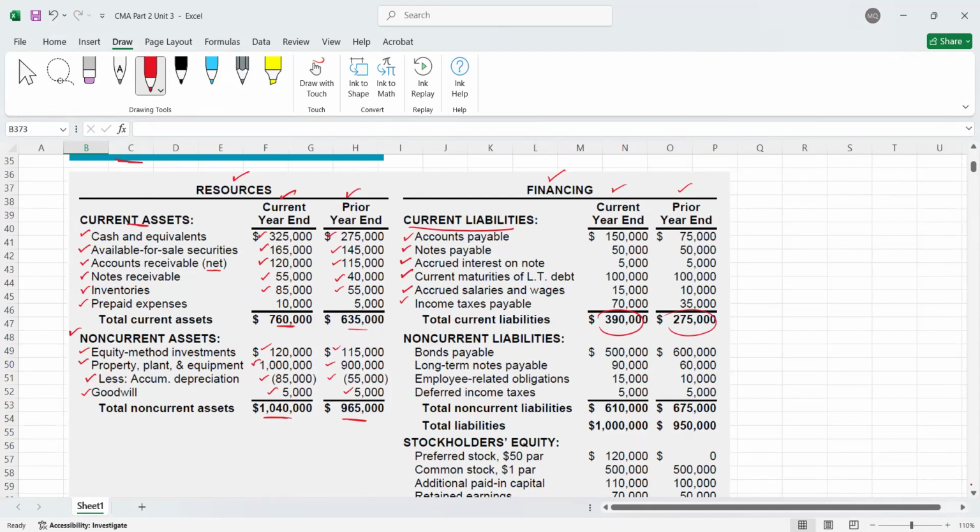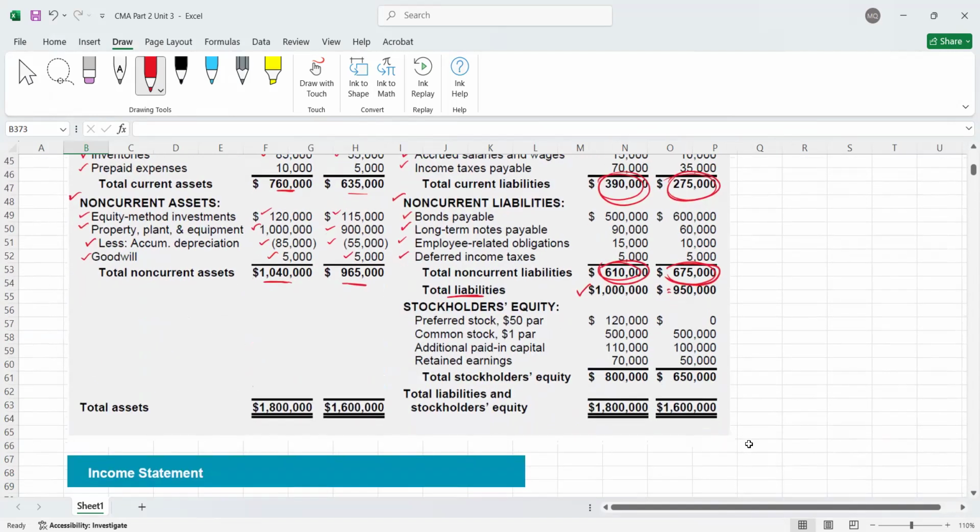Then we have total current liabilities. Then non-current liabilities, in which we have bonds payable, long-term notes payable, employee related obligations, and deferred income taxes, with total non-current liabilities. Total liabilities includes current plus non-current, again for the prior year as well.